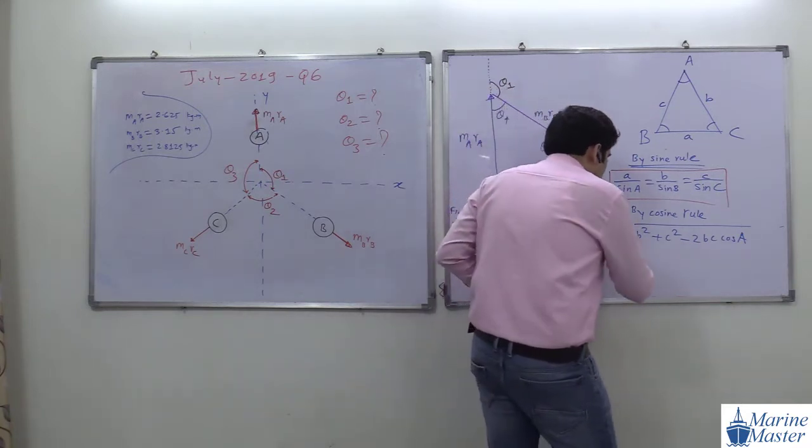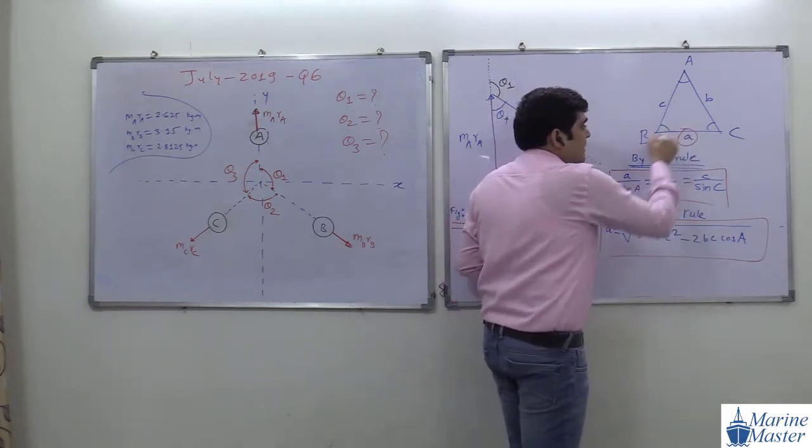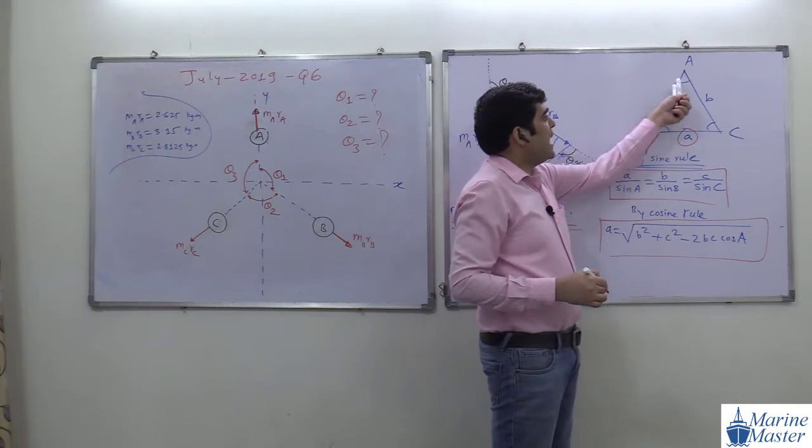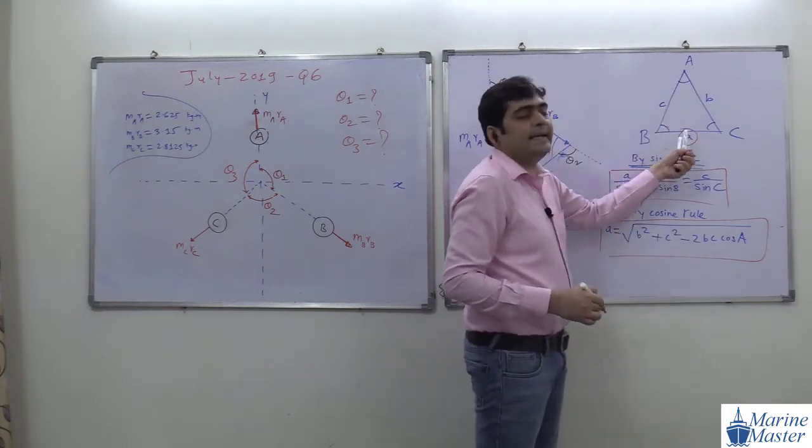This is one use: if you want to find side A and we have B and C and the angle between them, we use the cosine rule for finding side A.